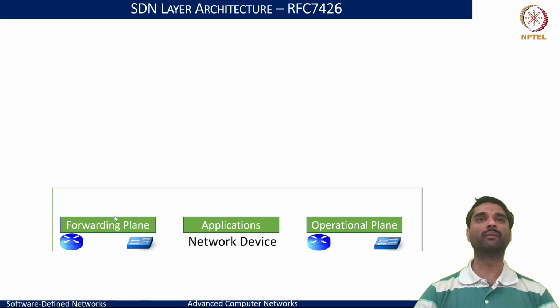And what we mean by them is basically the forwarding plane is the one that is responsible for handling the packets in the data path based on the instructions that it would receive from the control plane and take necessary actions to forward the packets that it receives.